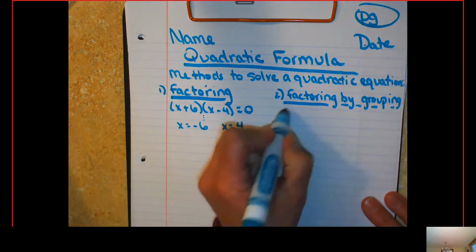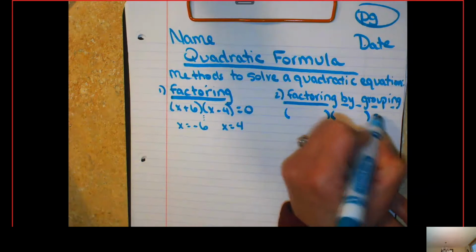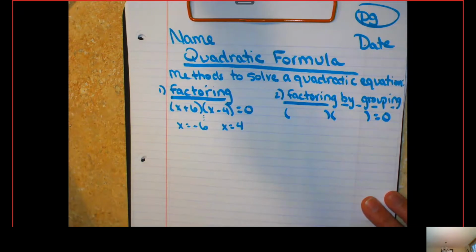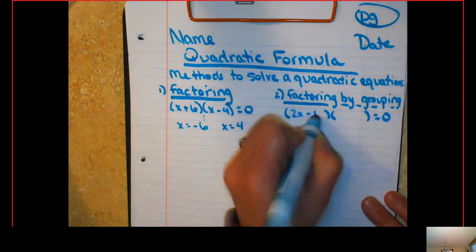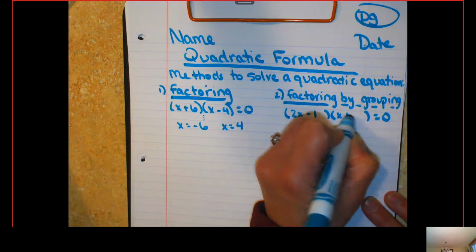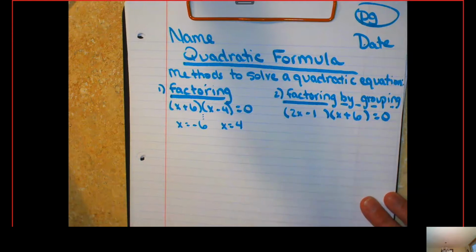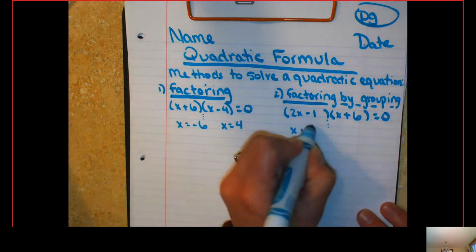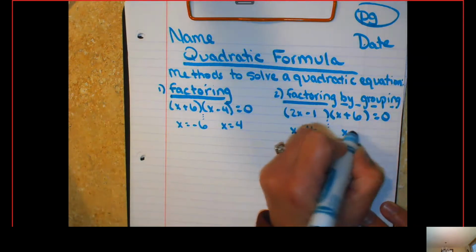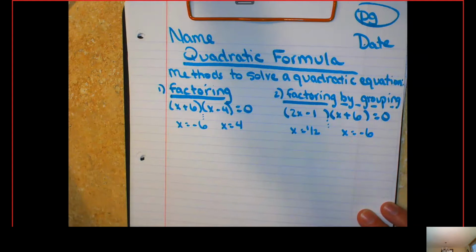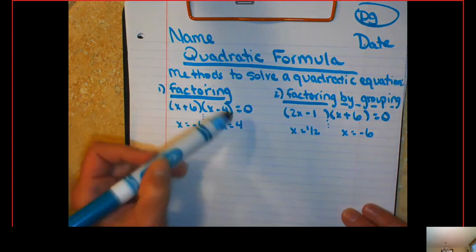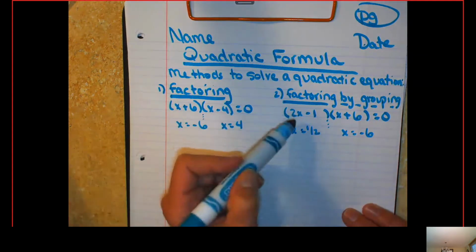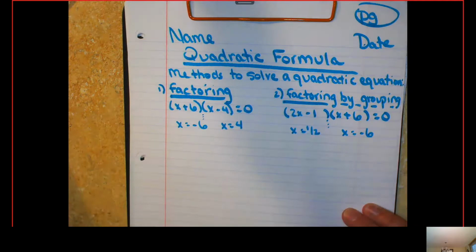So for instance, our 2 sets of parentheses would look like this: 2x minus 1 times x plus 6, where we had to multiply a times c, if you remember, and find factors of that. Then we would solve this and get answers of x equals 1/2 and x equals -6. So again, we use factoring because it was nice and easy to factor, and factoring by grouping if we had this number in the front and we still could factor.